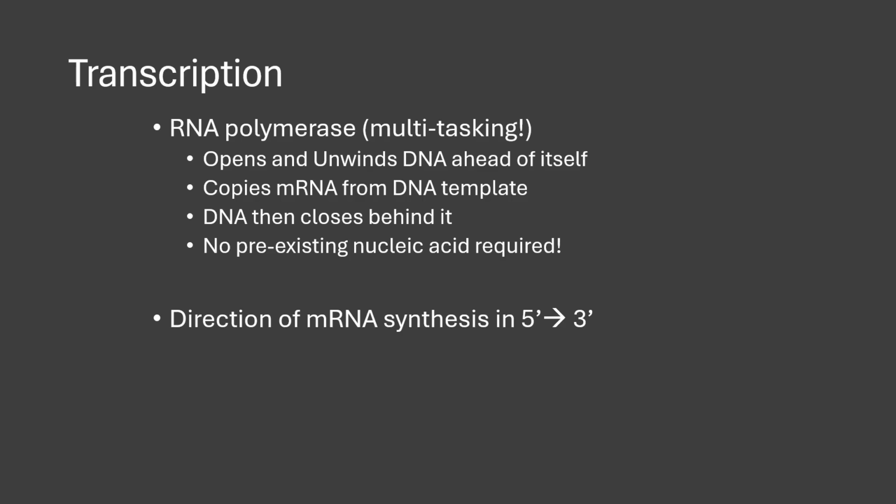But one thing that is similar is that the synthesis of mRNA happens in the 5' to 3' direction, similar to DNA polymerases. So synthesis happens 5' to 3'. But RNA polymerase is the key enzyme involved in making RNA. It's adding new RNA monomers, ribonucleotides, to a growing RNA strand.